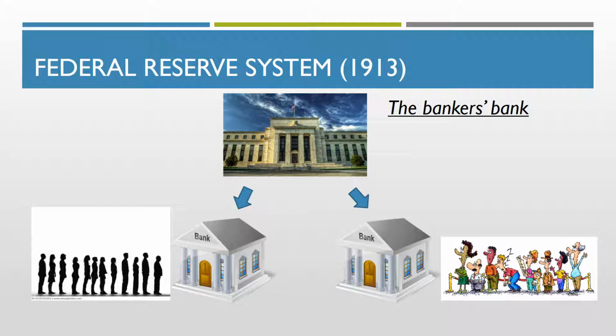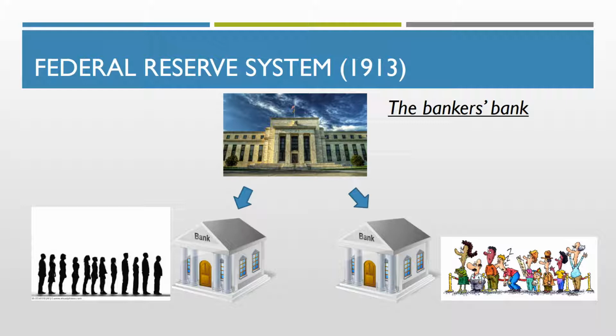In the year 1913, the United States government determined that they needed some kind of authority to regulate the banks in the United States. And they created this authority called the Federal Reserve System.